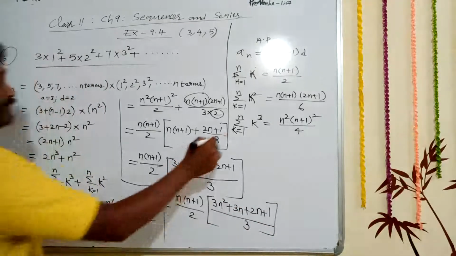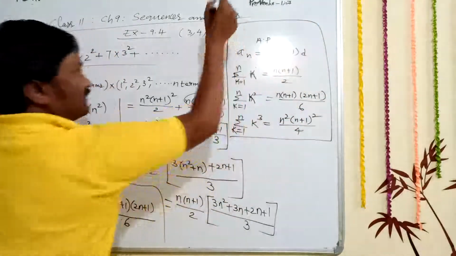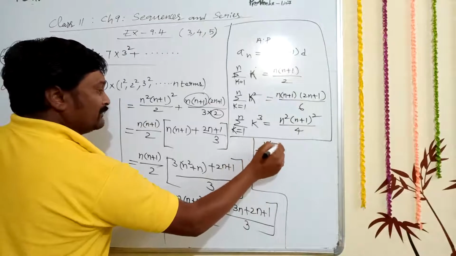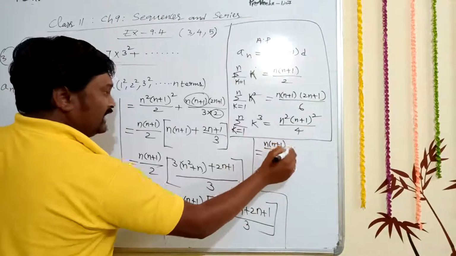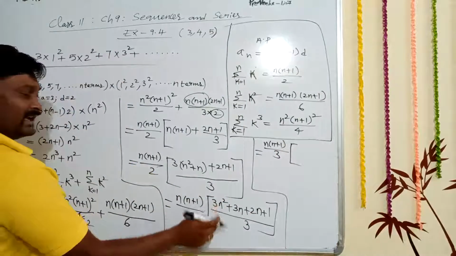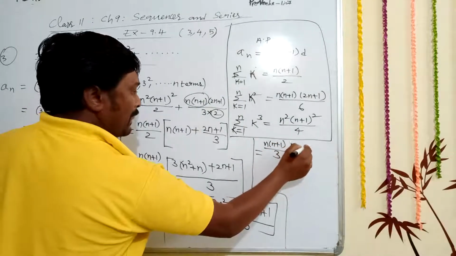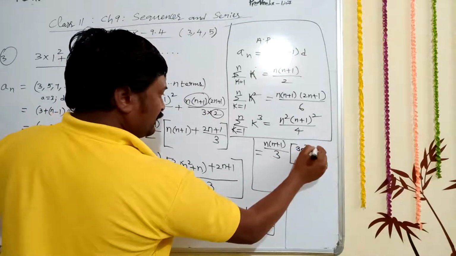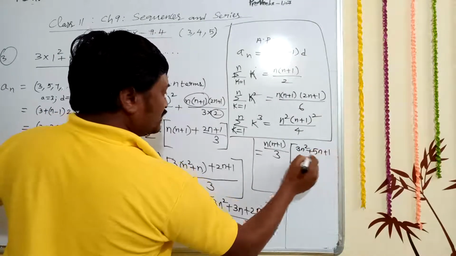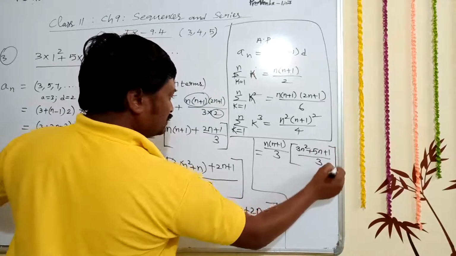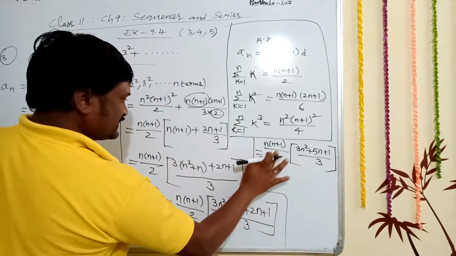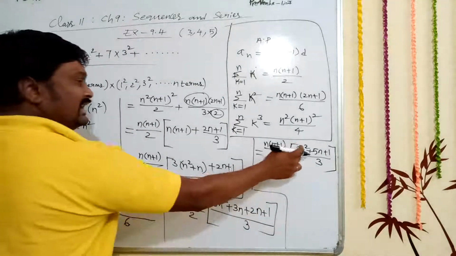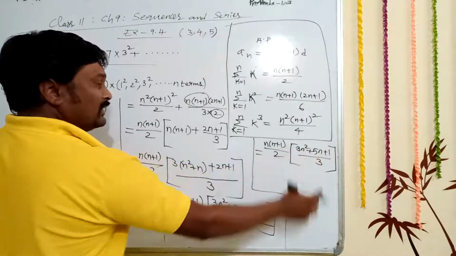So that is n into n plus 1 upon 2, 3n square plus 5n plus 1 upon 3.